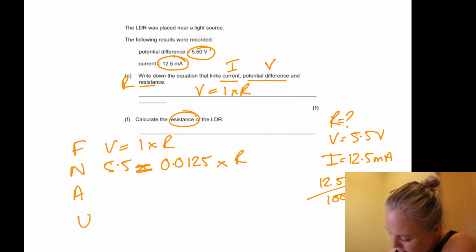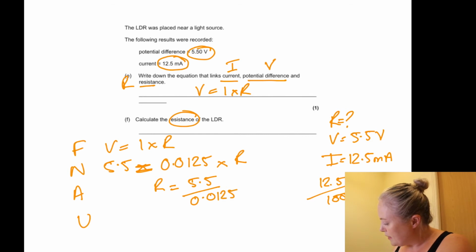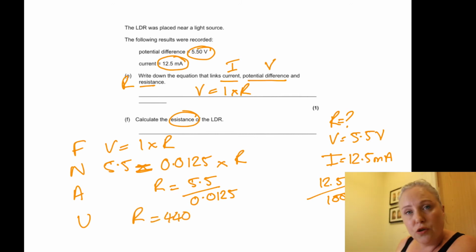So we'll get resistance equals 5.5 divided by 0.0125 gives me an answer of 440. So my resistance is 440, and then I just need the units of resistance, and the units of resistance is ohms.